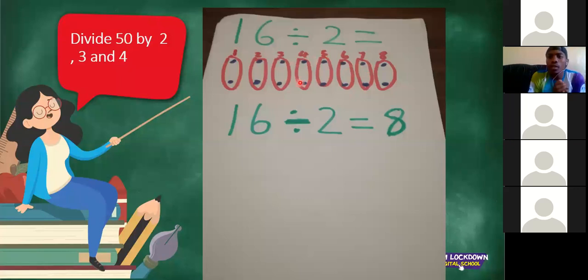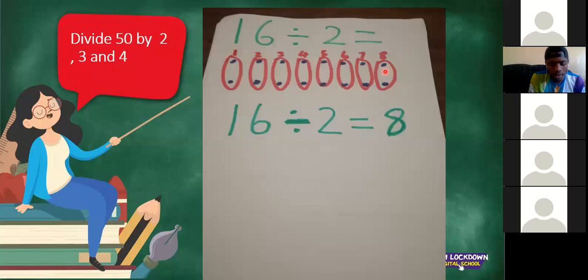Then you count how many 2s, because there are no more dots. You've finished the 16. So how many groups do you have? 1, 2, 3, 4, 5, 6, 7, 8. 8 groups. Then everything is fine.